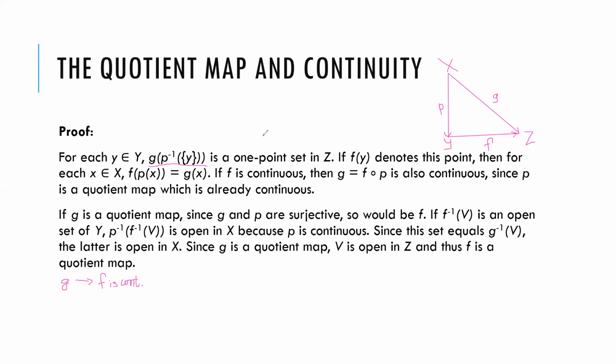That means that basically P of G inverse U, if U is an open set, should be open too. I feel like that's basically the proof.